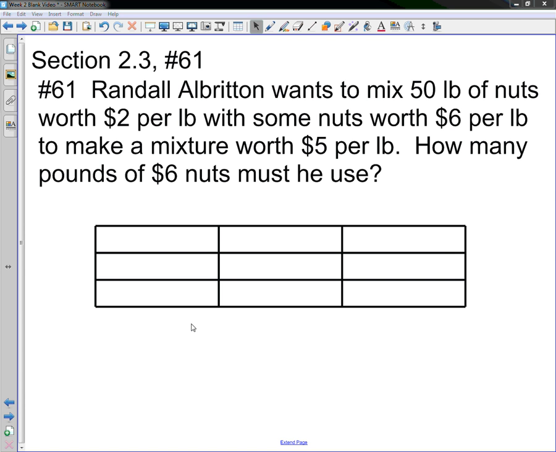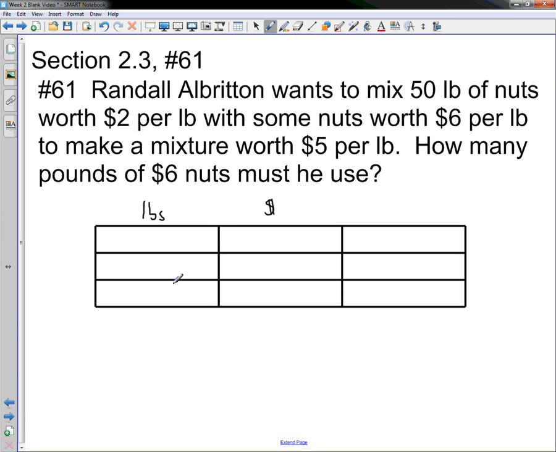Okay. So our little chart that we're going to set up, we have two things going on. We have pounds and we have dollars.